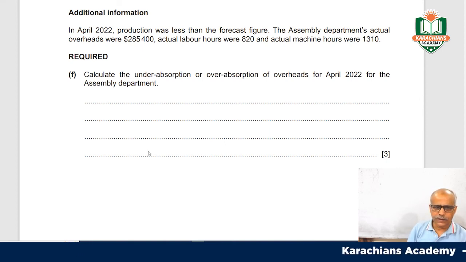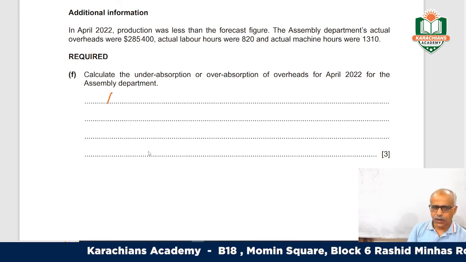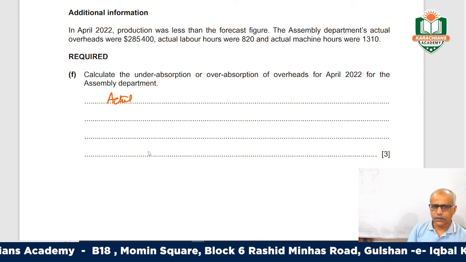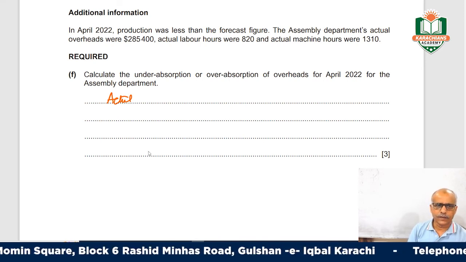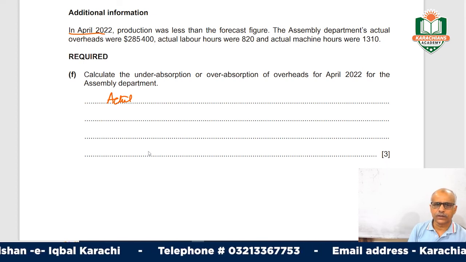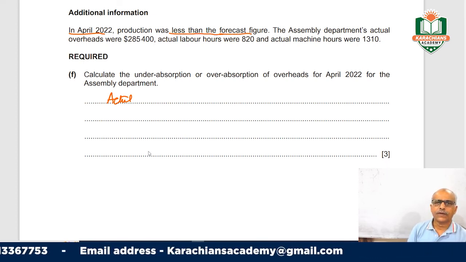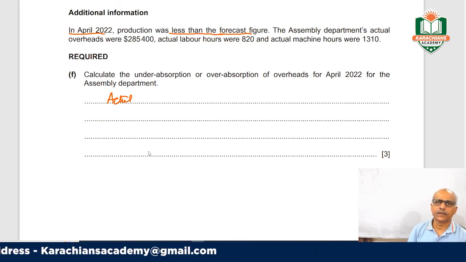So we can see how much was the budgeted overheads and how much are actual. They are saying in April production was less than the forecasted figure. When production was less, ideally overhead should be less because we are producing less. So what has happened here?